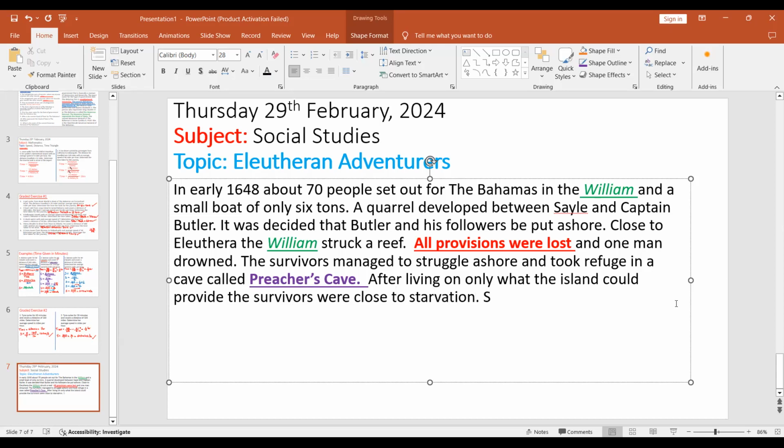That's a natural sequence of events, right? Obviously, they're going to be close to starvation because they lost their provisions.